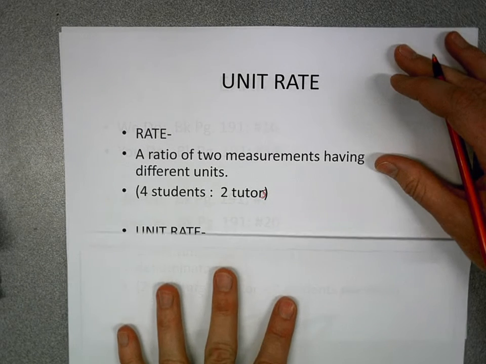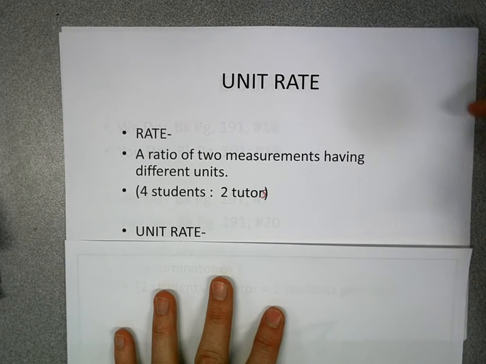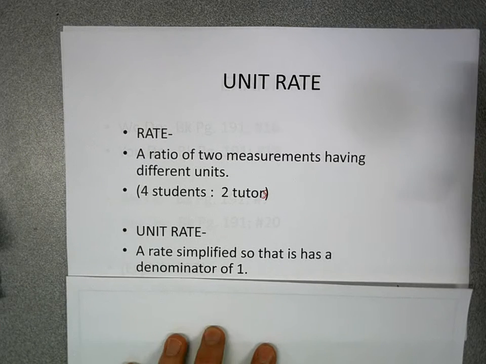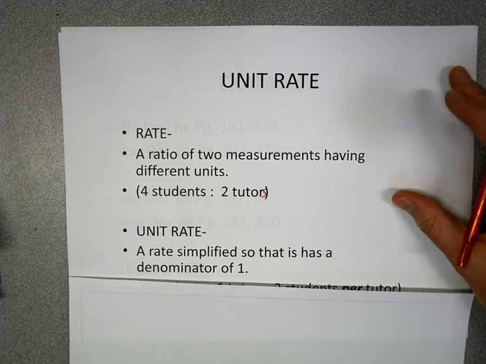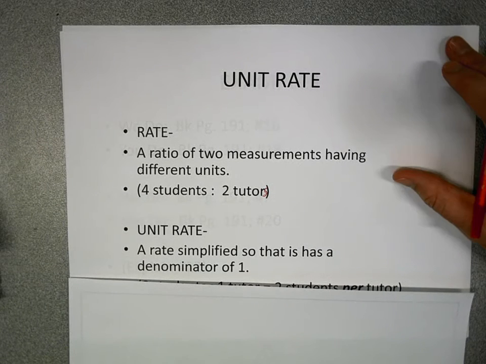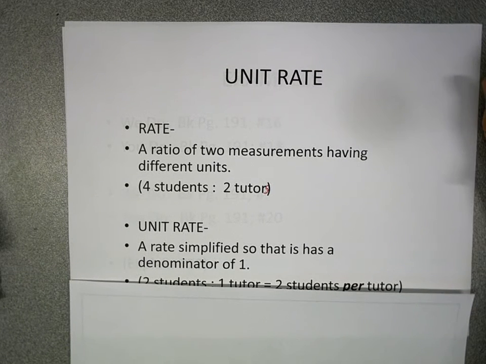So here we go. We have a rate and then we have a unit rate. Everyone? Unit rate. So here's what a unit rate is. It's a rate simplified so that it has a denominator of 1. So for example, we have 4 students with 2 tutors.